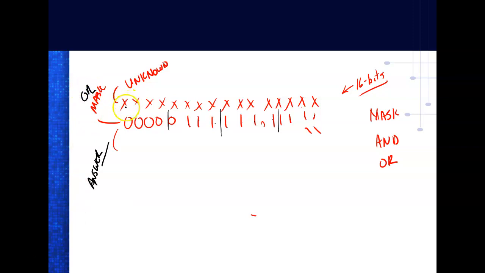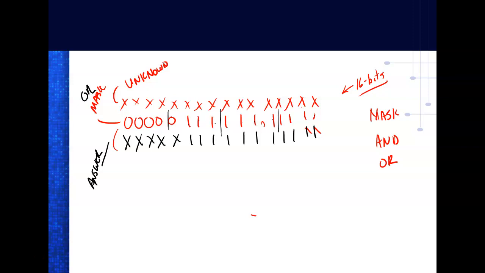If this was the 1, this would come through like this, right? And what would these come through? That's ORs. So we can use an OR mask to set bits we want to, and an AND mask to clear bits. Does this make sense? Everybody okay?